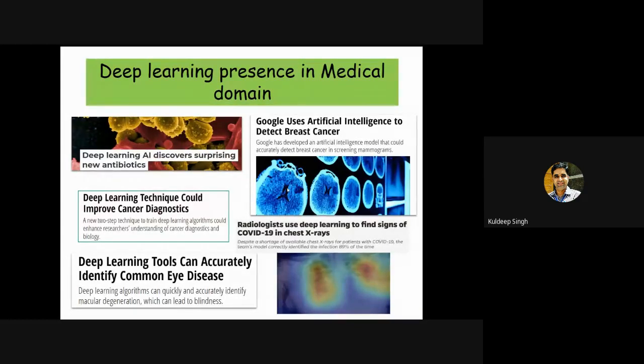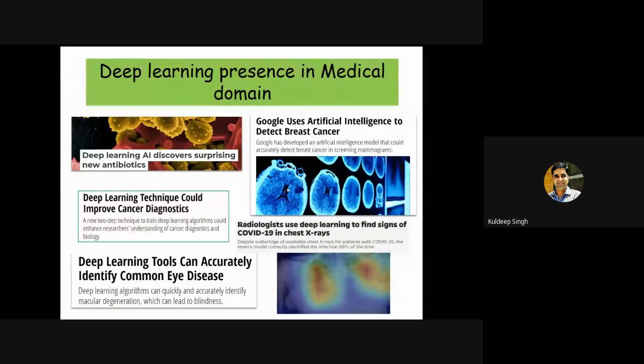So a lot of companies are investing large volumes of money in the field of medical diagnosis using AI or deep learning. Google uses artificial intelligence to detect breast cancer by screening mammograms. They are able to apply artificial intelligence or deep learning algorithms to detect breast cancer. Then deep learning techniques could improve cancer diagnostics.